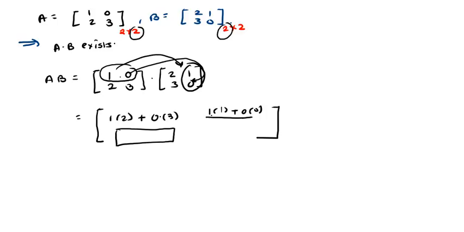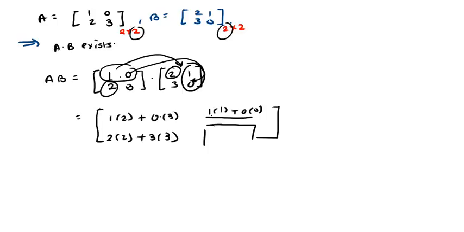This will be using the second row and first column. The first component will get multiplied with the first component, so this will be 2 into 2 plus 3 into 3.